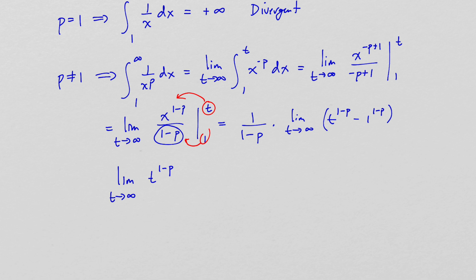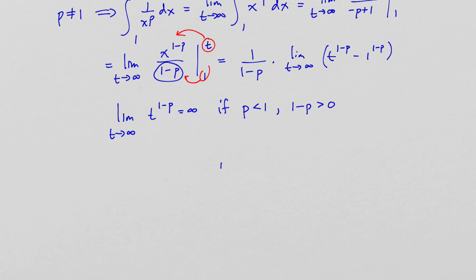If p is less than 1, 1 minus p is going to be a positive number. And this is because you have 1 and you are subtracting a number that is less than 1. Well, that means that this power is going to be a positive number. If this is a positive power, then as t goes to infinity, this is going to be infinity. So this limit is going to be infinity if p is less than 1.